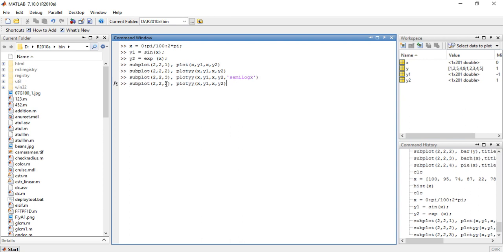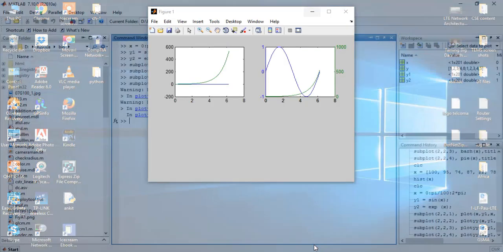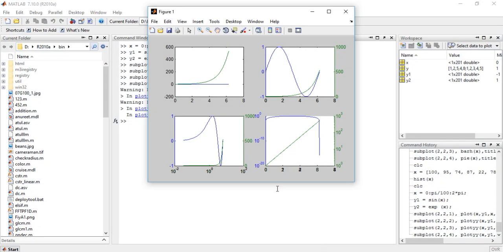And in the fourth graph I'm going to plot the semilogy of x and y1 and x and y2. So this is my fourth window.